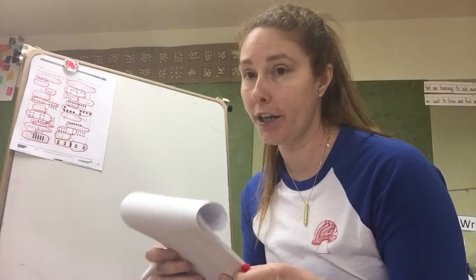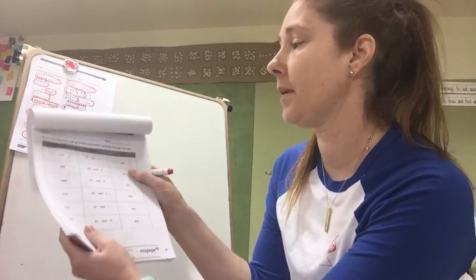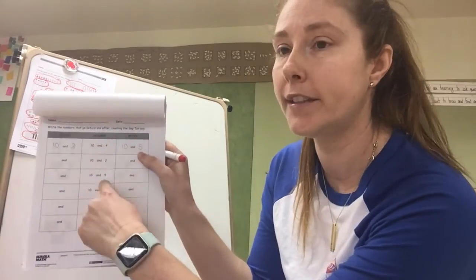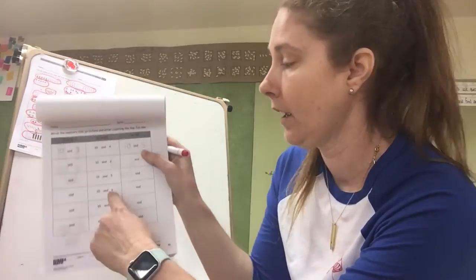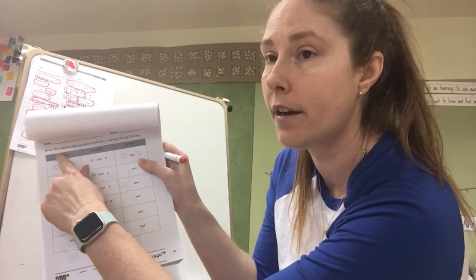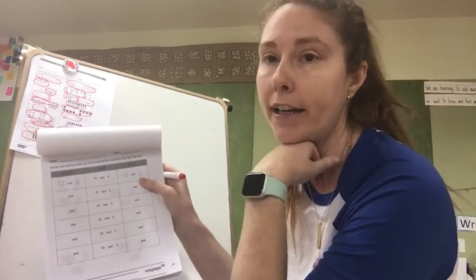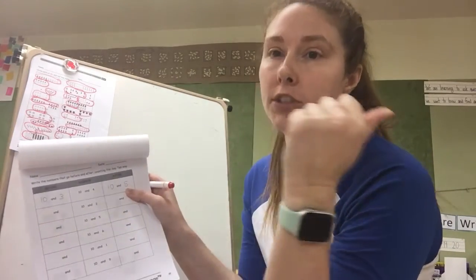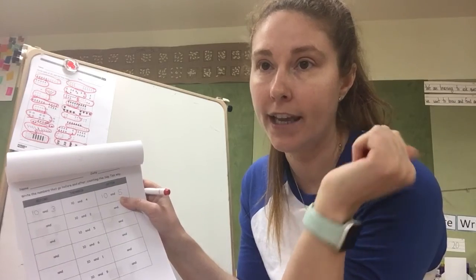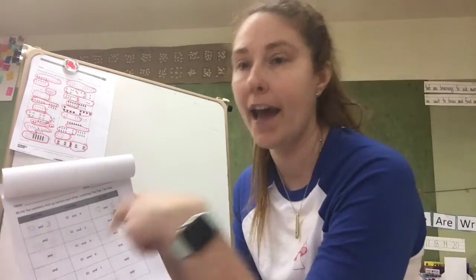Okay? Then we have page 69, which is the challenge homework page. This one is the hardest page, I think. It's a little bit confusing. So you want to look in the center column, and you're going to do before and after. So kind of how sometimes I say, what day is today? Friday. Yesterday, before this was Thursday, and tomorrow will be Saturday, after. So before and after.